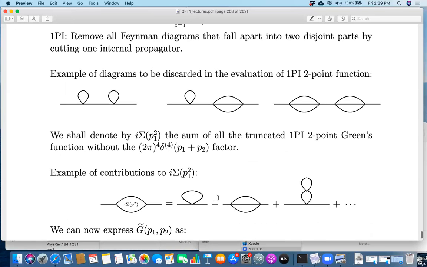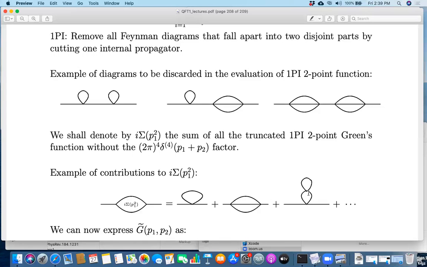Here are diagrams that do represent 1PI diagrams, right? Because this one, for example, there's no internal propagator that you can cut which makes it fall apart into two parts. Here, you can cut 3 internal propagators to make it fall apart into two parts, but not one. Similarly, here, you cannot cut one internal propagator and make it fall apart.